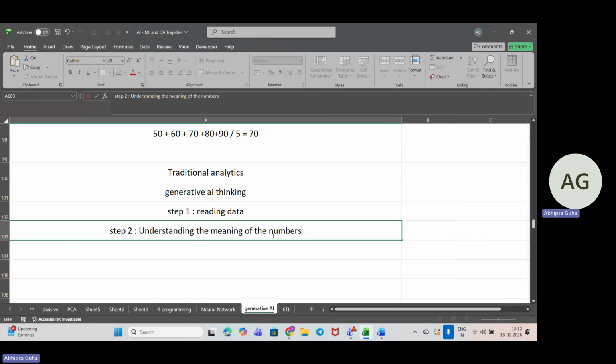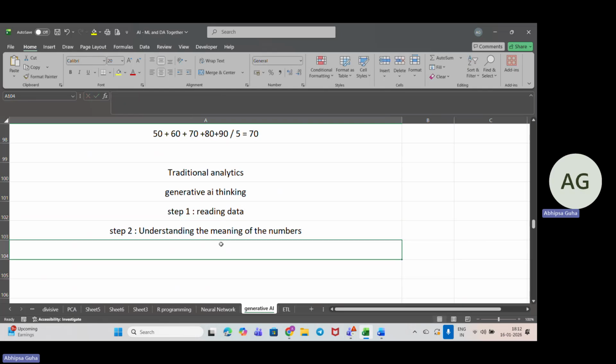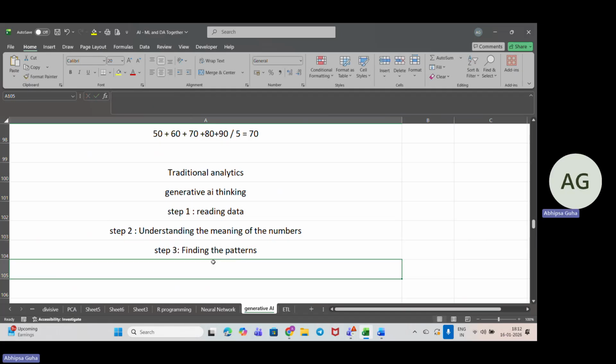Okay. Understanding the meaning of the numbers. Step three, finding the patterns. Step four, connecting with real world knowledge.